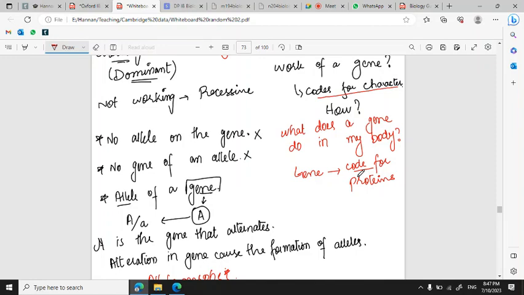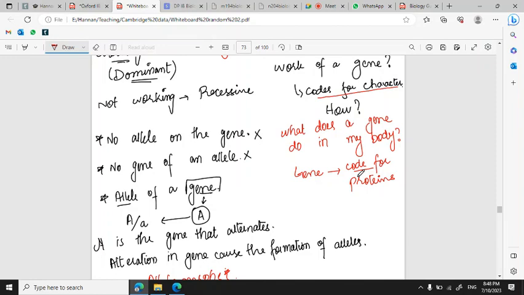If there is a protein present in my body that is not based upon any of my own genes, that protein may be a virus. That is how important the genes are.